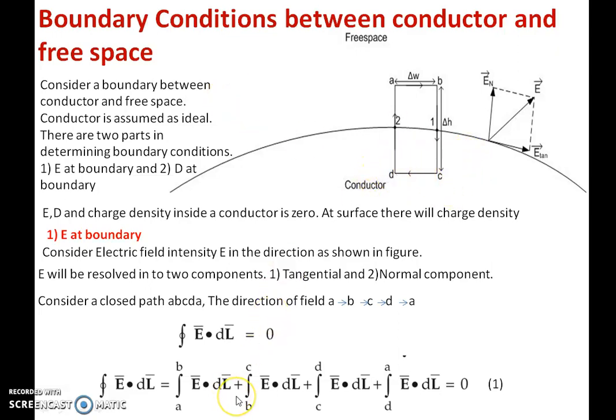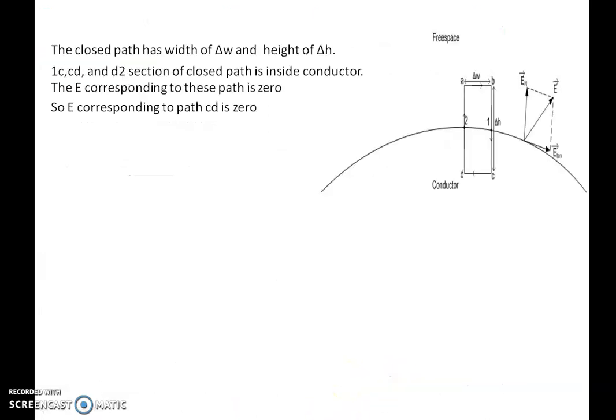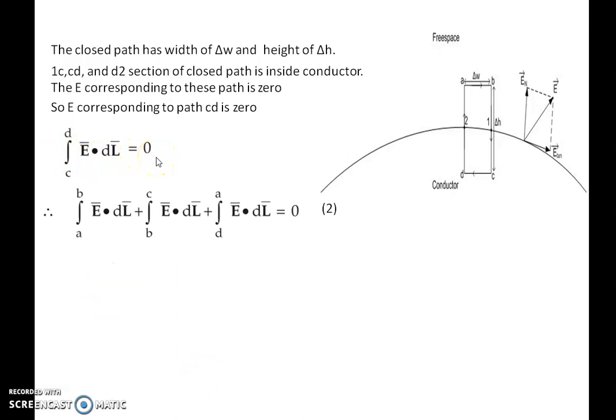So we can say the integral from C to D, that is the third part of this equation, integration C to D of E dot dl, will become 0. Then equation 1 will become only 3 terms, that is A to B, B to C, and D to A.